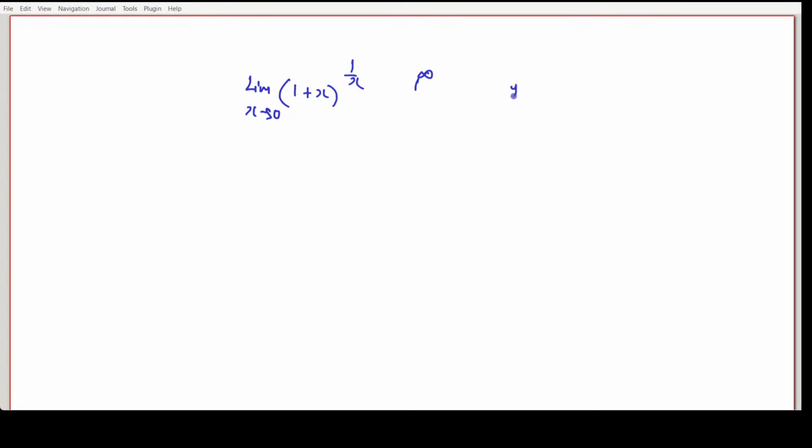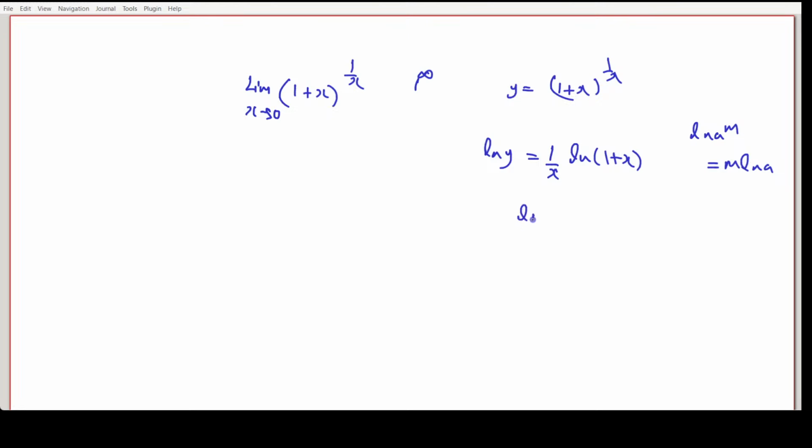So let's take this function y equals (1 plus x) whole power 1 by x, and now let's take logarithm on both sides. ln a power m equals m ln a, or m log a, right? Agreed? So this becomes 1 by x ln (1 plus x).